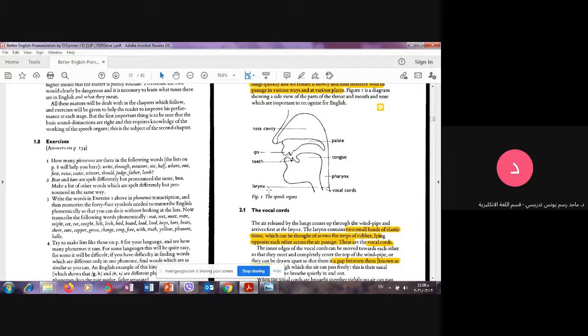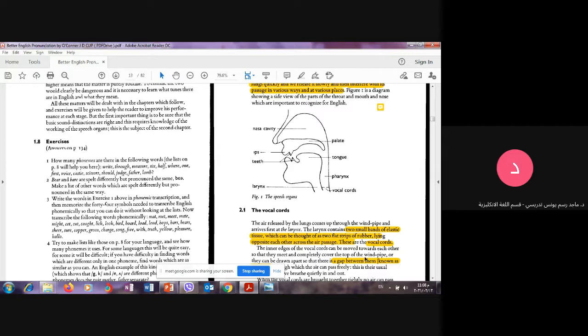If you see here in this figure, I have two small bands of elastic tissue lying opposite each other across the air passage. These two small bands we call the vocal cords.